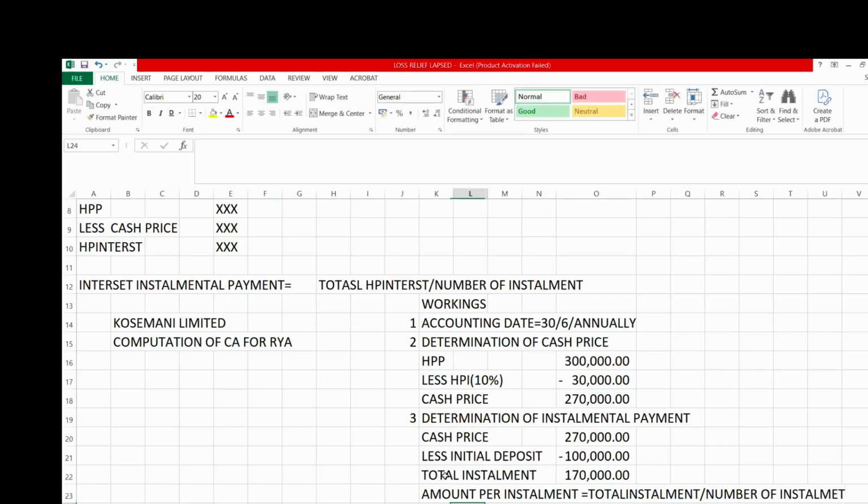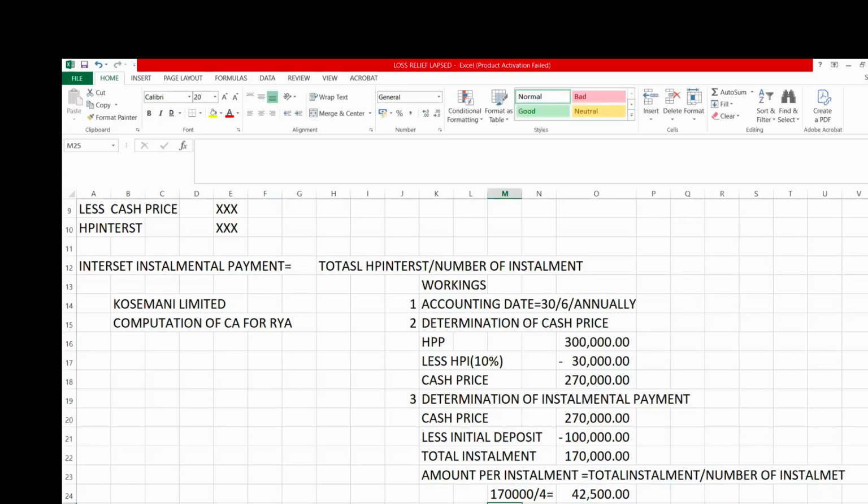So that will be 170,000 divided by, from the question, the balance was payable in 4 equal installments. The number of installments is 4. So 170,000 divided by 4 gives us what each installment is going to be: 42,500.